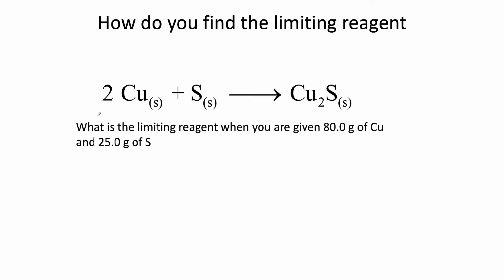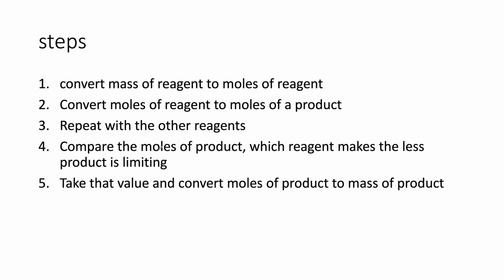So we have, in this reaction, 2 atoms of copper reacting with 1 sulfur to produce copper(I) sulfide. And we got 80 grams of copper and 25 grams of sulfur. So let's go 80 grams of copper, and we're going to convert this to moles of copper.